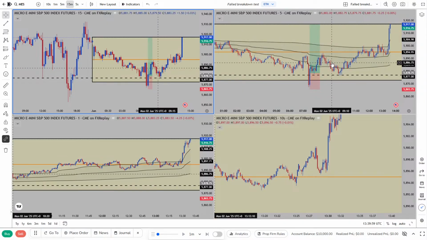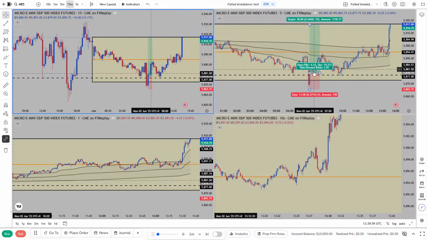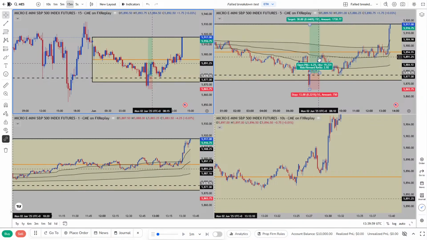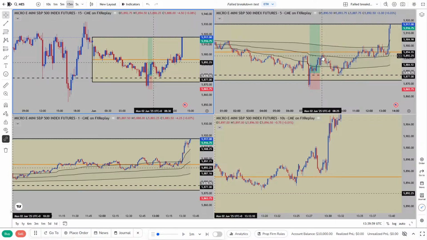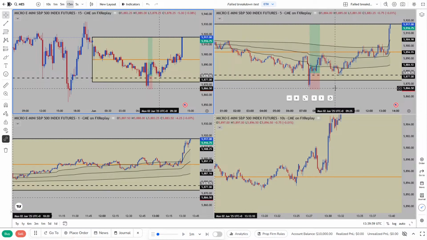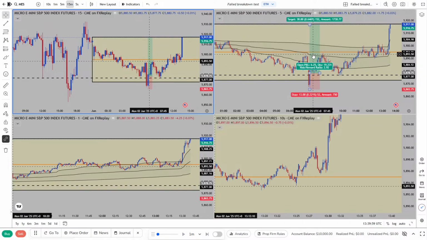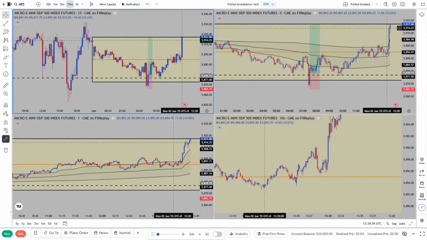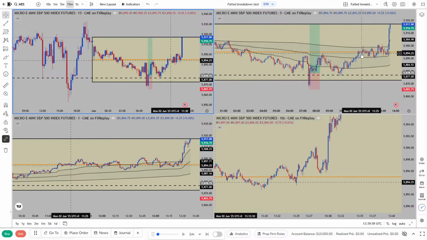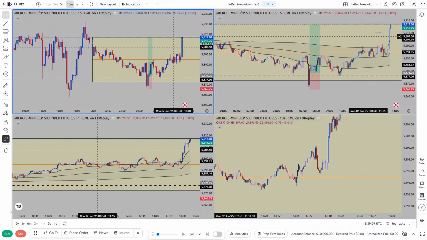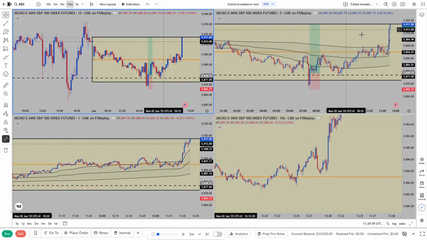In our case, if I had entered here, my first take profit would have been right at the VWAP. I would take about 50% there, and then put my stop here, and leave a second TP here, and maybe leave a runner if it continues higher.